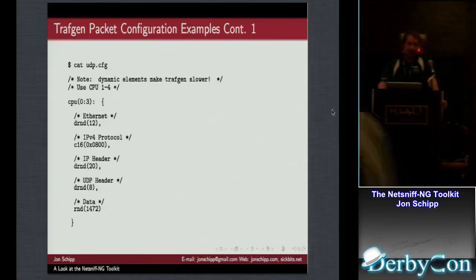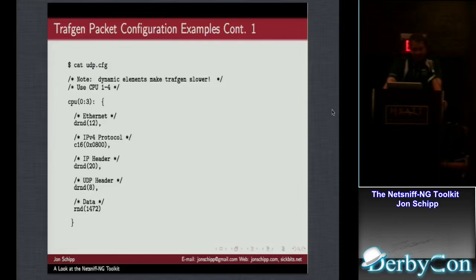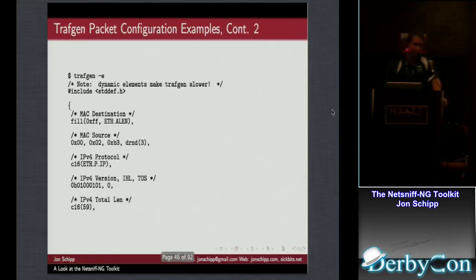Then we want to generate an IP header of 20 bytes, random. It's not going to be valid, but hey, we can do it. And then we'll do an IP header of 8 bytes, and then for the payload data, 1472 bytes of random. So the random functions are good functions.